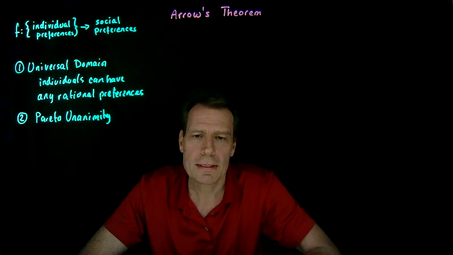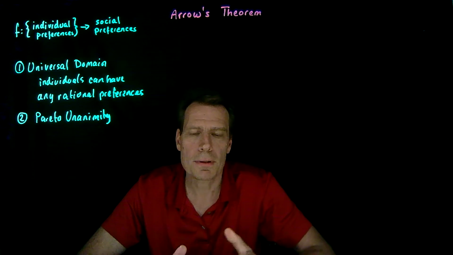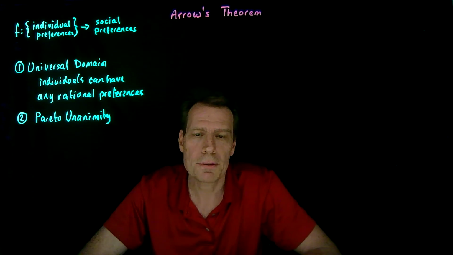And it simply says that if everyone in the society agrees that the social state A is better than the social state B, then the social preferences should respect that unanimity.